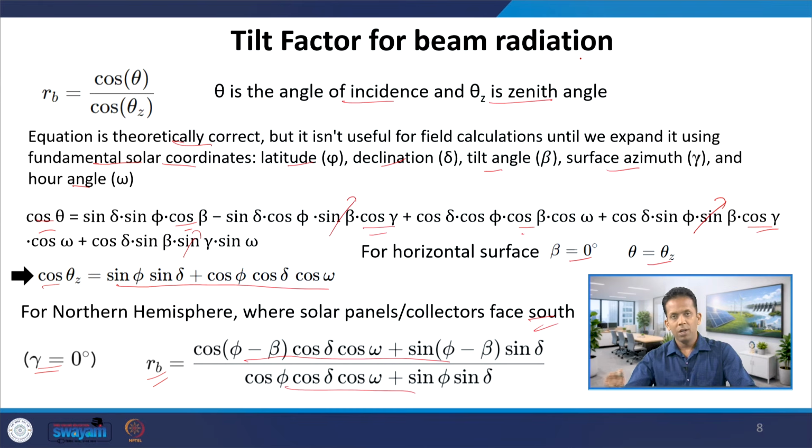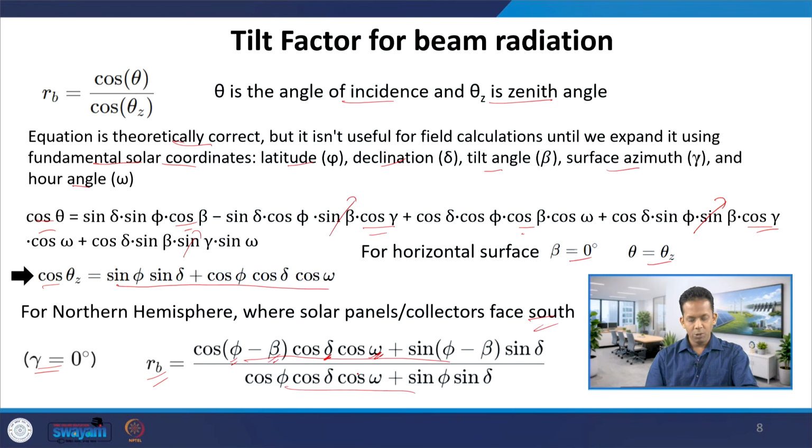So, for a given numerical or for a given location and time, that means for a known latitude and given time and date, the time and date would give us the hour angle and declination angle, and the type of surface, whether it is tilted or not, will give us the angle beta.